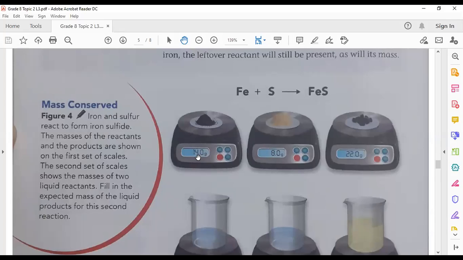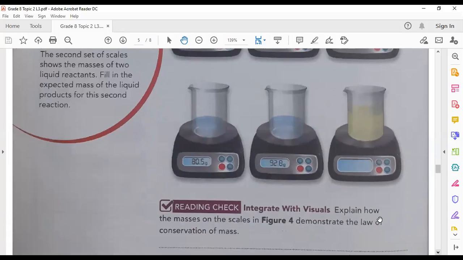Notice that if we start the reaction with 14 grams of iron and 8 grams of sulfur, the product, iron sulfide, will be 14 plus 8, which is equal to 22 grams. The same thing applies in this exercise.